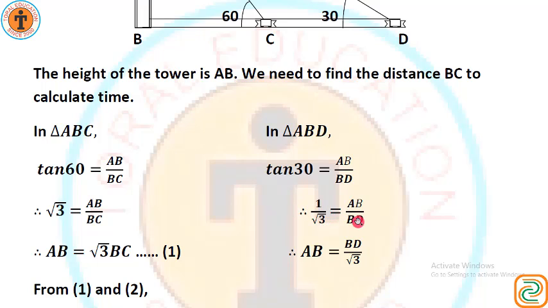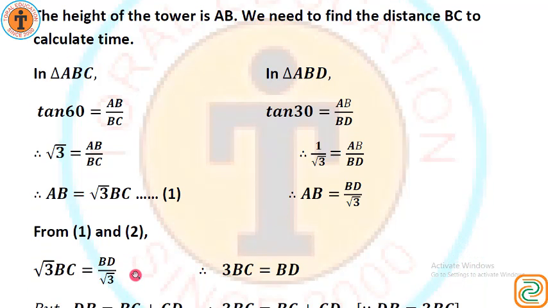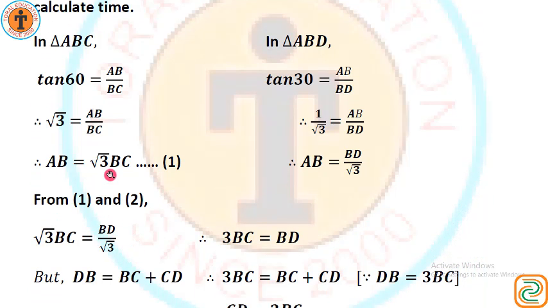If we take BD here, it will be in the numerator. So AB equals BD upon root 3. This is 2, but I forgot to write 2 here. From 1 and 2, root 3 BC equals BD upon root 3. The root 3 will go there and 3 BC equals BD, right?